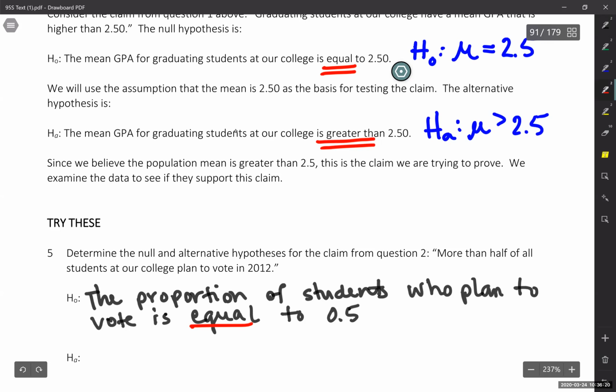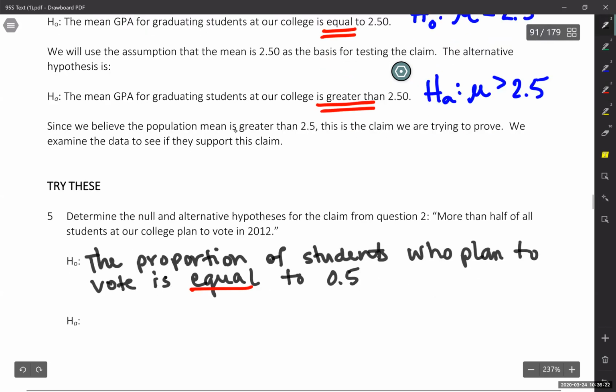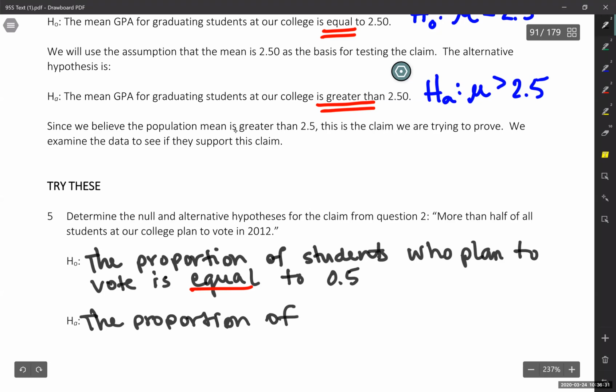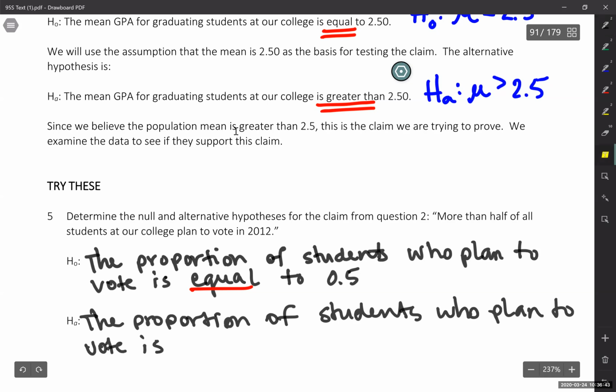The alternative hypothesis, I'm going to write the same thing: the proportion of students who plan to vote is, and now, since the problem stated more than half, when I write this, I'm going to say greater than.